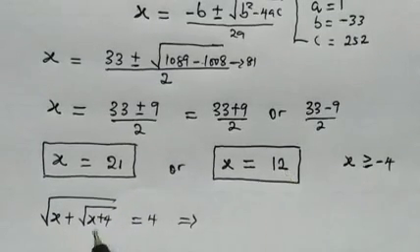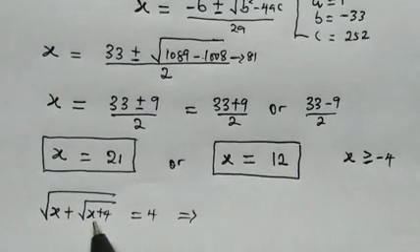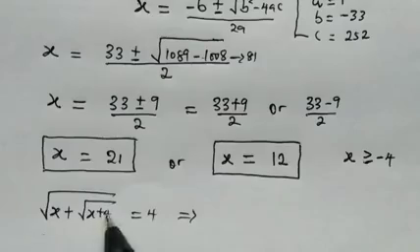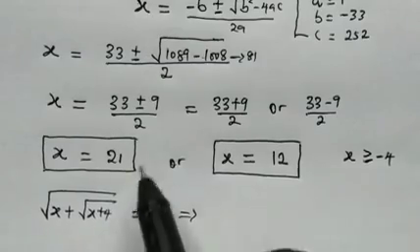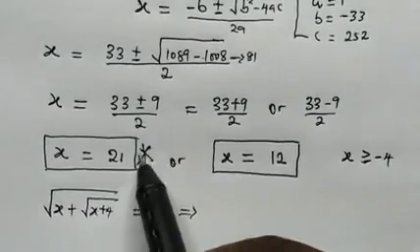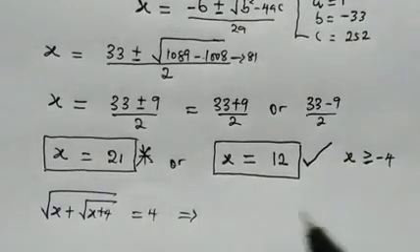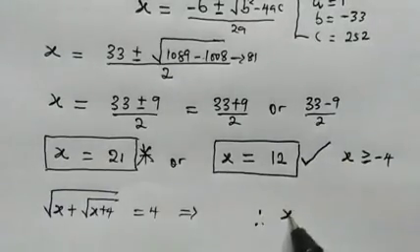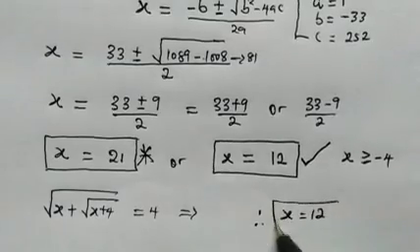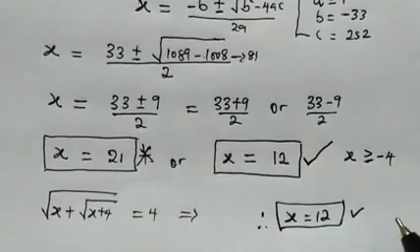But if you plug in 12 here, we get 12 plus 4 is 16, root of 16 is 4. Then 12 plus 4 is 16, root of 16 is 4. So therefore, 21 does not satisfy our equation, and here is the right solution. Therefore, x is equal to 12. That is the correct answer.